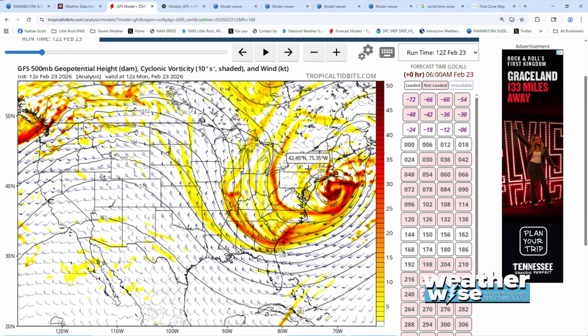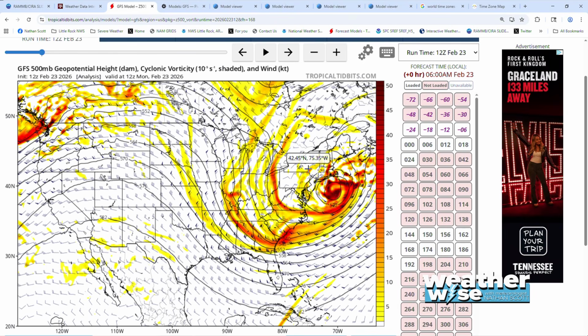If it's southwest to northeast, that's a positive tilted trough. If it's facing northwest to southeast, then that's a negative facing trough axis. So southwest to northeast, positive, northwest to southeast, that's negative.